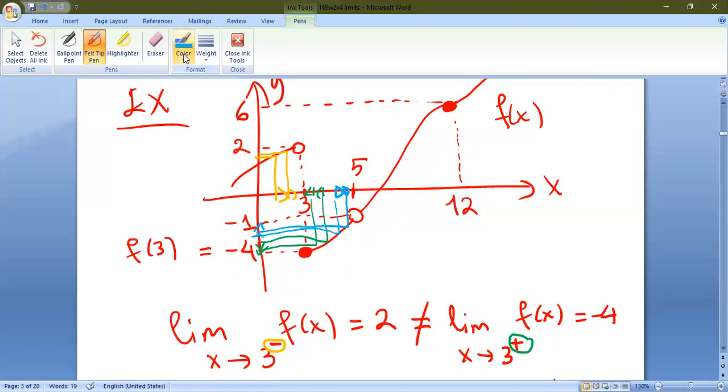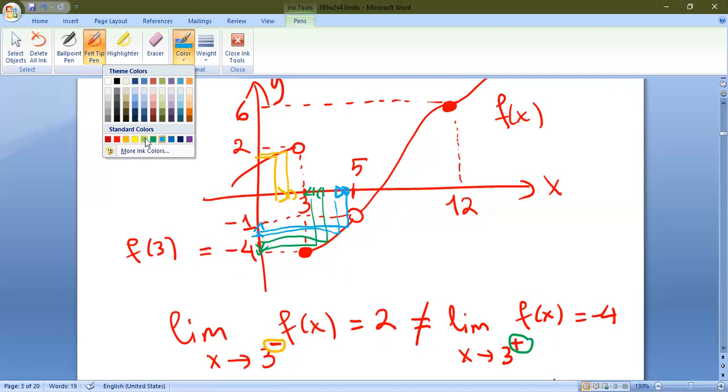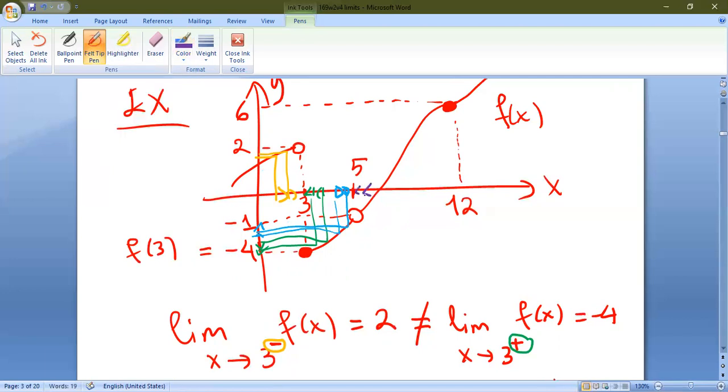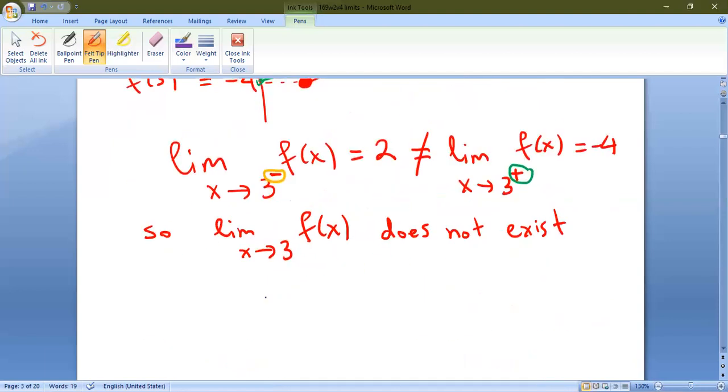Or if we approach 5 from the right, let's do it this color here, then the outputs are approaching, again, -1. The same number here, right? So then the limit of f as x approaches 5 is equal to -1, we say.